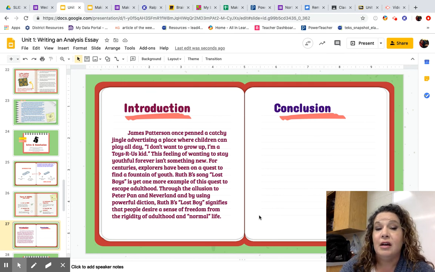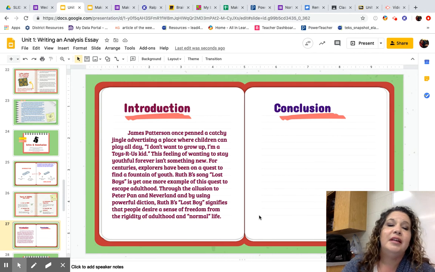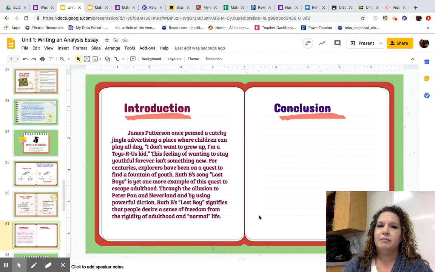Ruth B's song Lost Boy is yet one more example of this quest to escape adulthood. Through the illusion of Peter Pan and Neverland, and by using powerful diction, Ruth B's Lost Boy signifies that people desire a sense of freedom from the rigidity of adulthood and normal life. What do you think? I think it quite flows nicely.